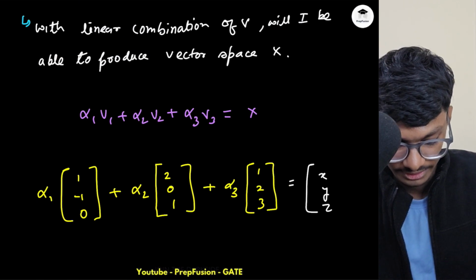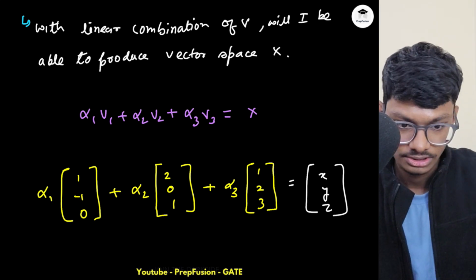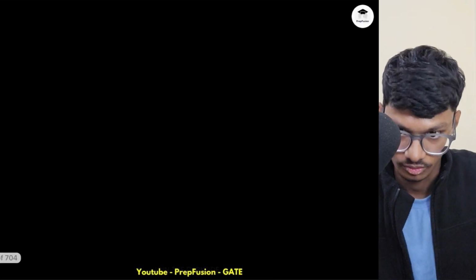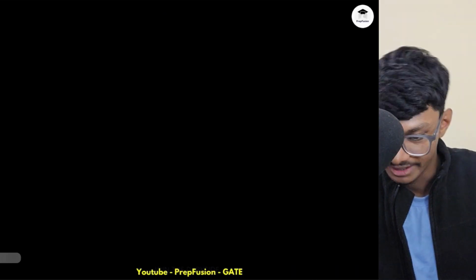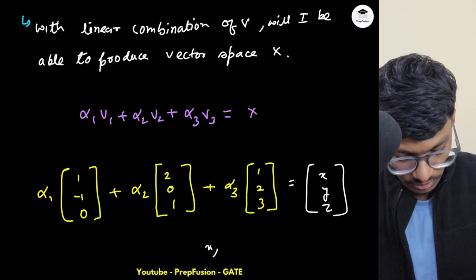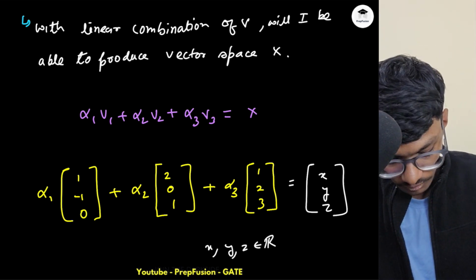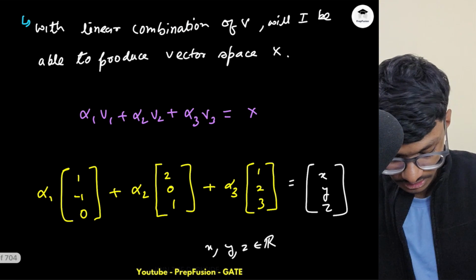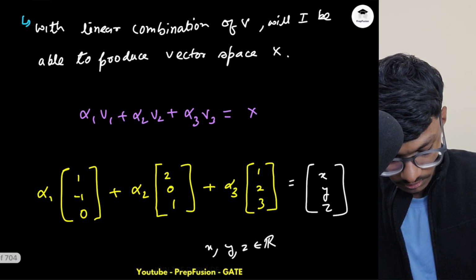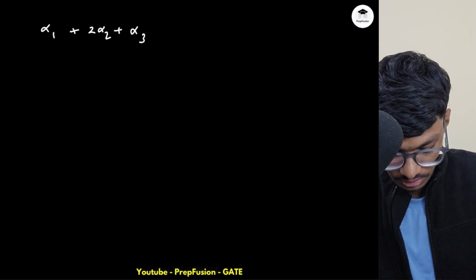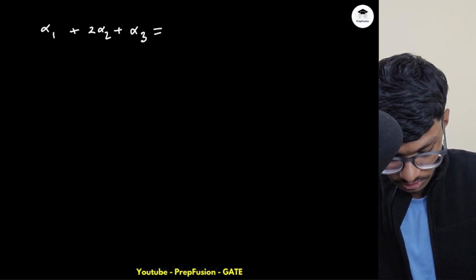Now again we'll write this in matrix format. You don't have to do this always, this is just a starting point, that's why I'm doing it. Here x, y and z are all real numbers, right? So I can write this in equation format. Equating the first row: alpha 1 plus 2 alpha 2 plus alpha 3 equals x.